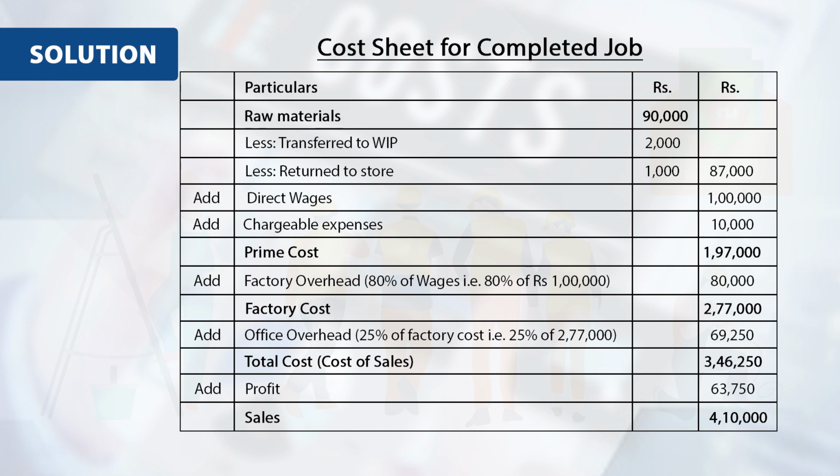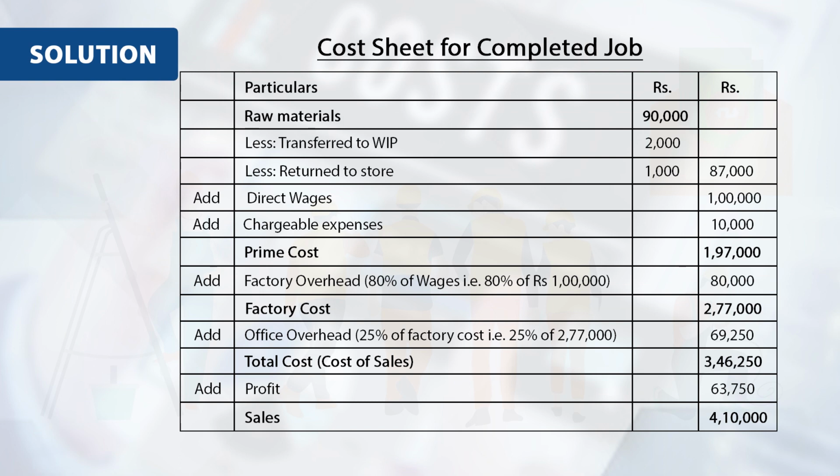In that add factory overhead 80% of wages, that is 80% of rupees 1 lakh, amount is 80,000, giving factory cost of rupees 2,77,000. In factory cost, add office overhead, which is 25% of factory cost, that is 25% of rupees 2,77,000.